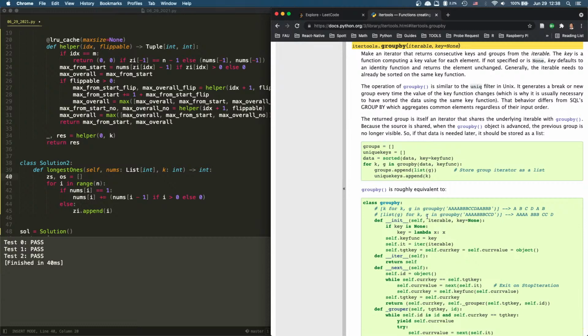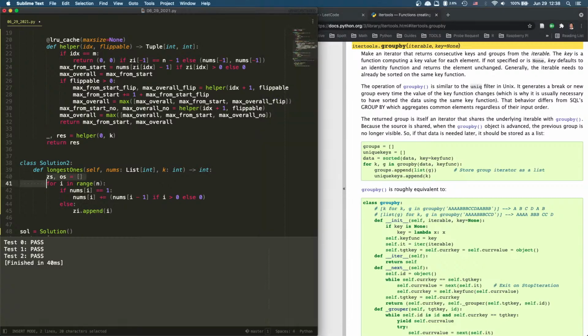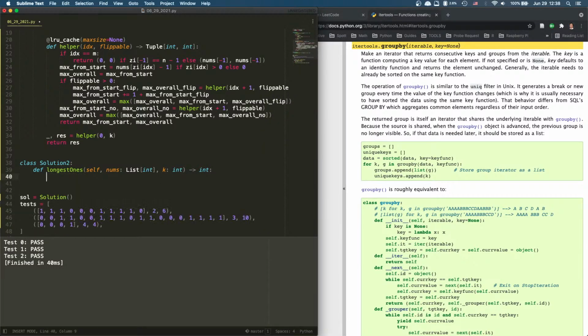Okay, so basically we can say for k, g in this, where k is the key. So all we need to do is get the counts, but we don't know which one is 0, which one is 1. I think that's fine. We can handle that.